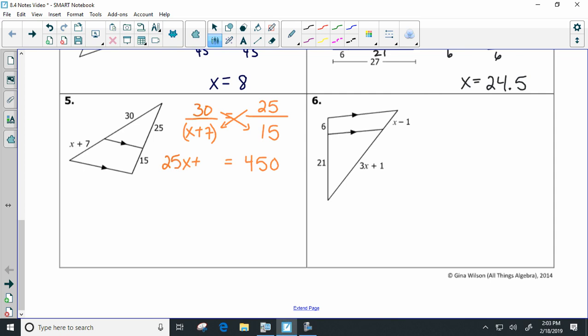And 25 times 7 is 175. Subtract 175 on both sides first. So 25x is 275. Then divide by 25 on both sides. And if I do that, I get x to be 11.